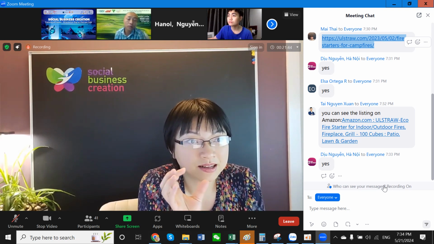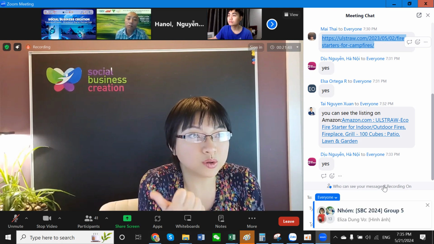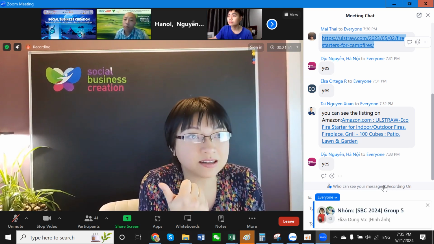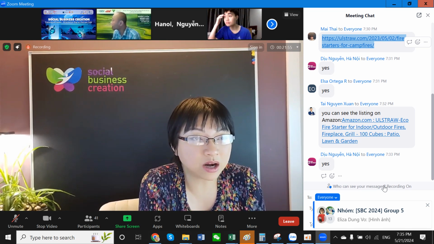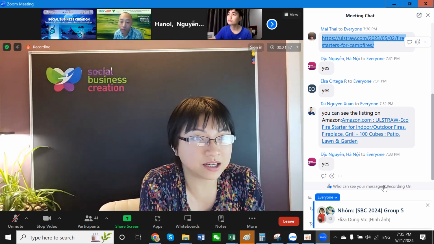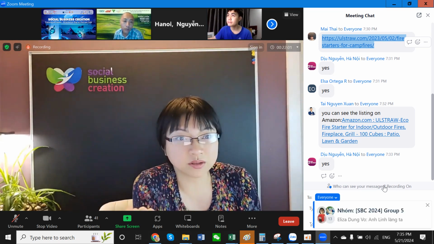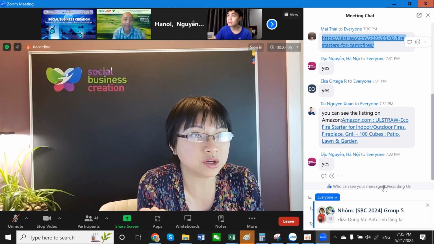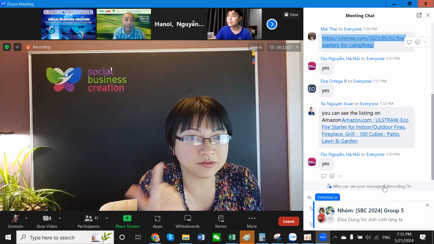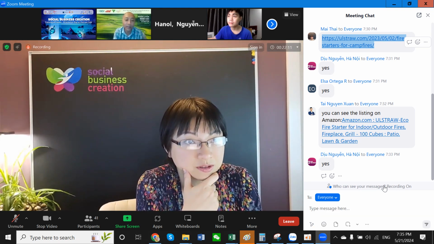The fire lighters will be sold to people who need to light fires, campers. Now, do we sell it to campers in Vietnam or internationally? If you look at the number of campers in Vietnam, I don't think the number is that huge. It's not really a Vietnamese practice to go camping and have barbecue, right?